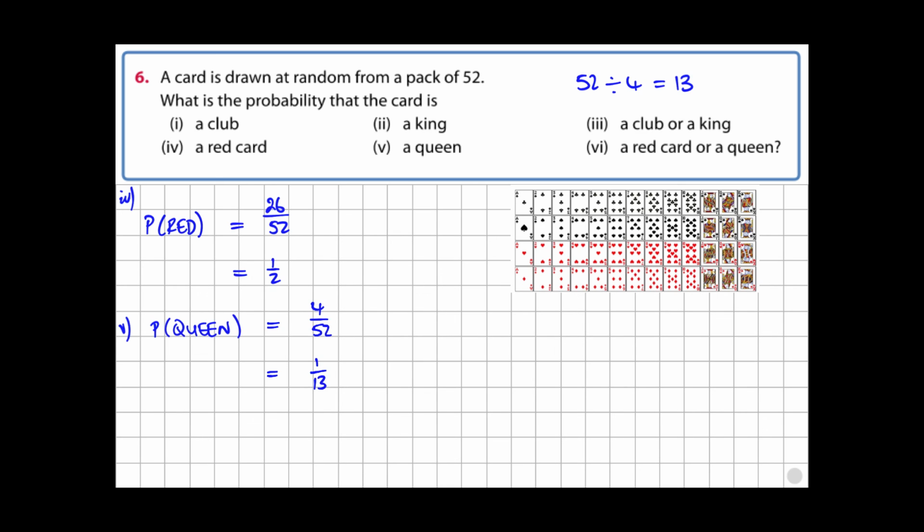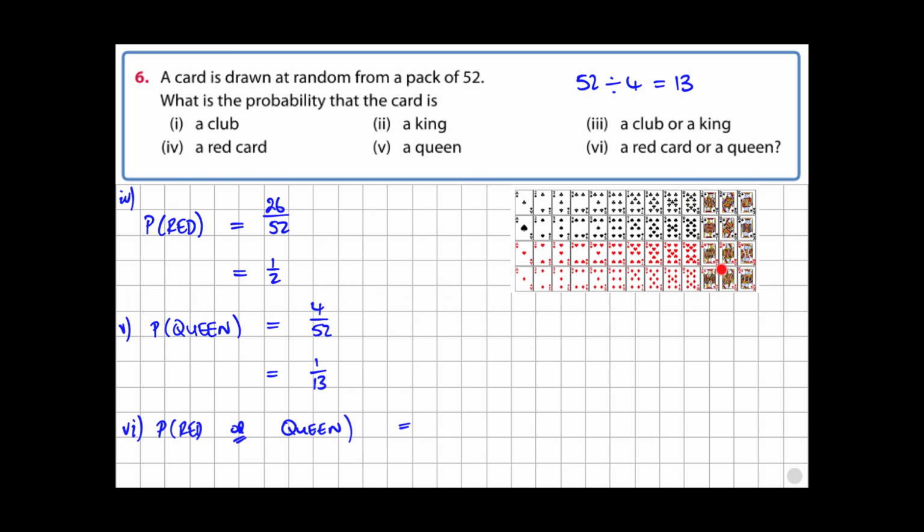And the very last one, part 6, the probability of getting a red card or a queen. How we find that probability is we look at all the cards. So the red cards is 13 and 13, that's 26.